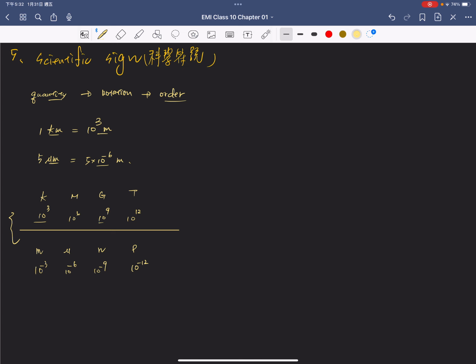Okay, so these are all important scientific notations in our daily lives. They can help us, like the nanometers, because today in Taiwan there is a lot of silicon and lots of semiconductors.